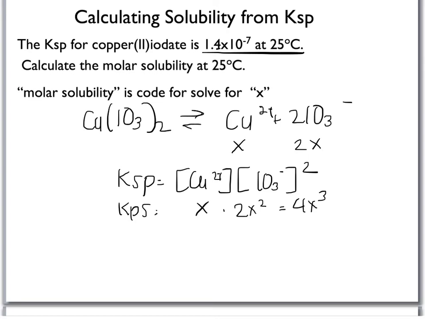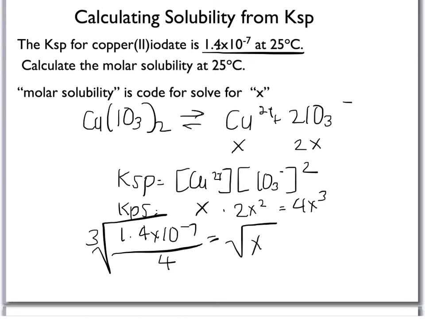And if we have the Ksp equals 1.4 times 10 to the negative 7, I want to solve for X, so I could divide the whole thing by 4 and take the cube root, and we would be doing the same thing on this side. After we've calculated it, we should get 3.3 times 10 to the negative 3 molar.